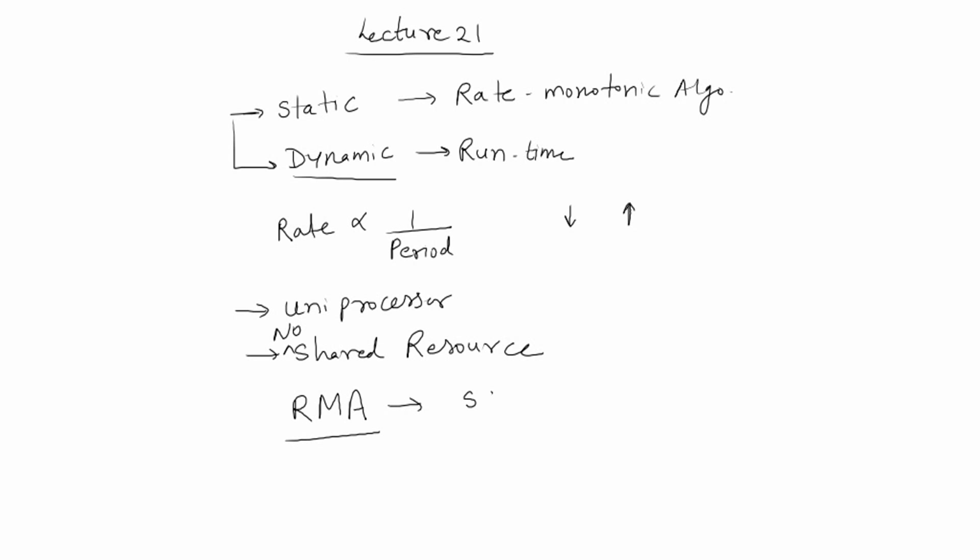So we have to do a schedulability check. We have to first check whether, for the given period, execution time and deadline of a task, the task can be scheduled or not. That was done using a schedulability check formula.